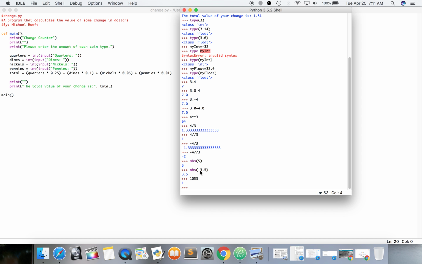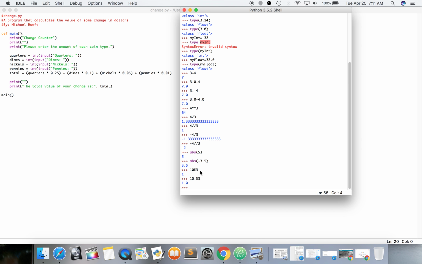And then if it's 10. mod 3, it's going to be 1.0, right? Yes. So it's pretty aggressive. Remember, the float division operator always returns a float, and integer division obviously always produces an integer.